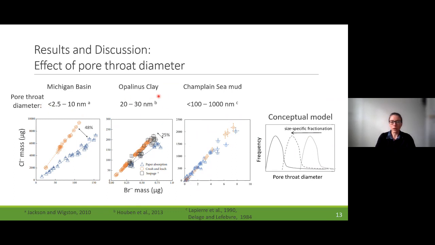In the opalinaceous clays, we have slightly larger pore throat diameters, and we see less of a discrepancy between the two methods. And then finally, in the Champlain Sea muds, where we have relatively large pore throats, we see that the crush and leach and paper absorption methods compare very well to each other.